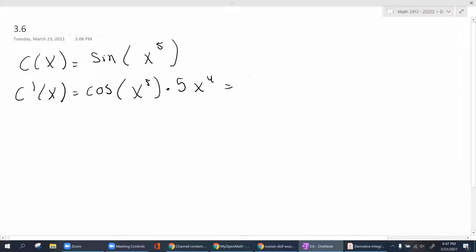We said we want the x terms and coefficients to the front. So this is 5x to the 4th times cosine of x to the 5th. Okay.